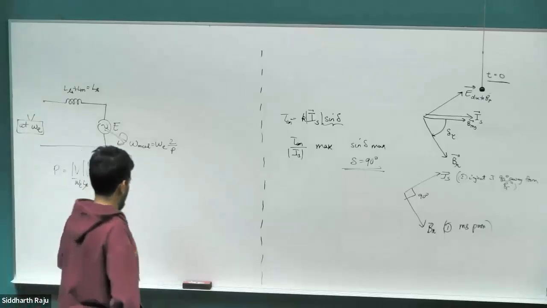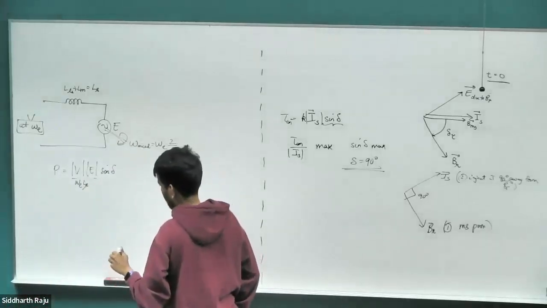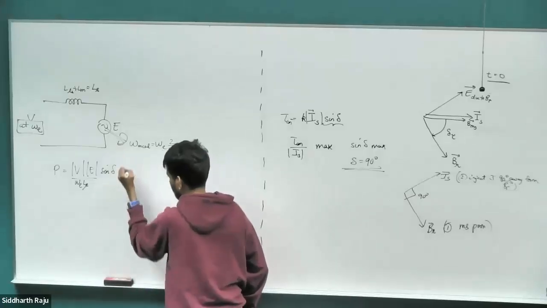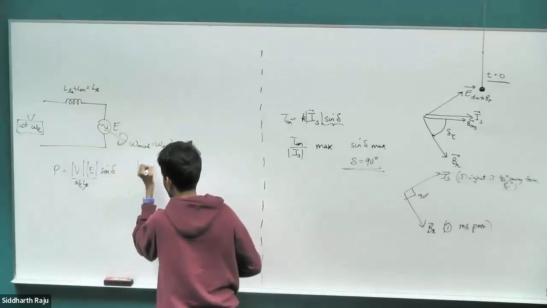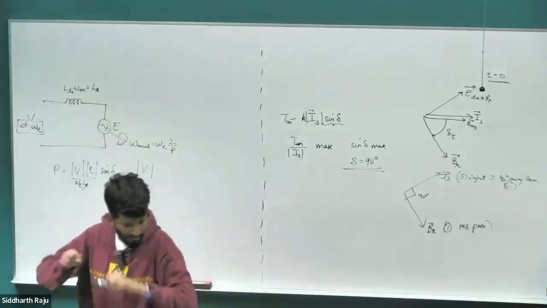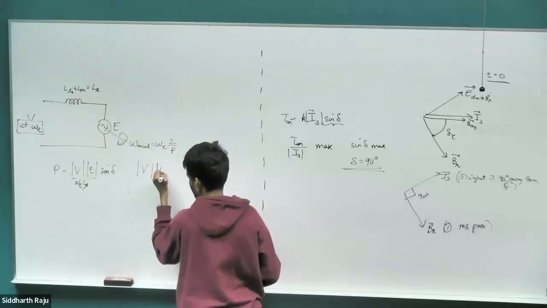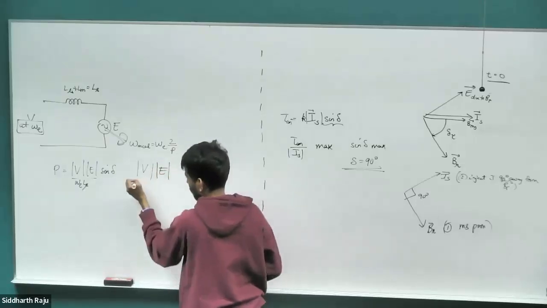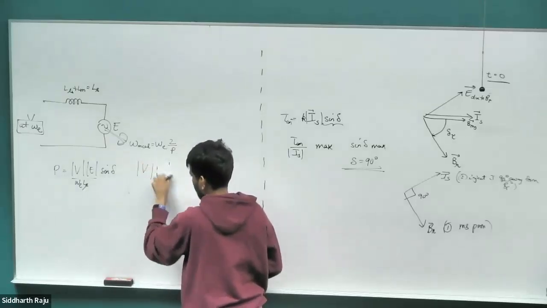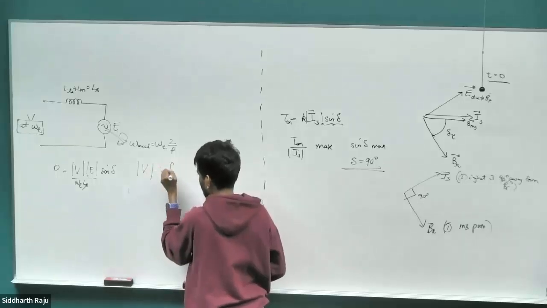Okay, so let's look at this equation and see what this means. For a given frequency, let's say V is fixed.